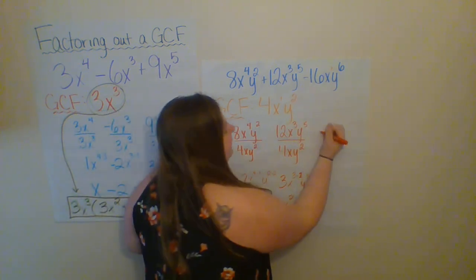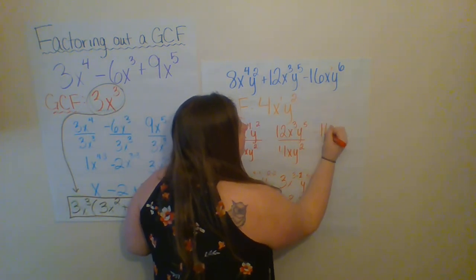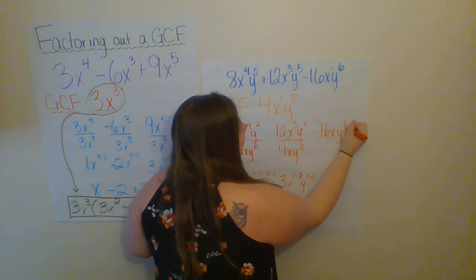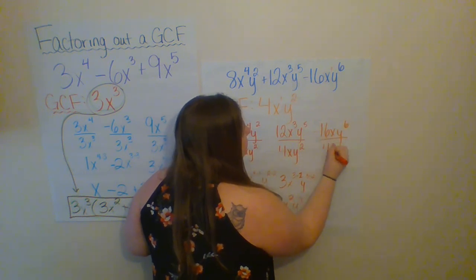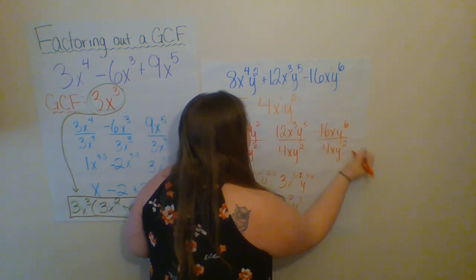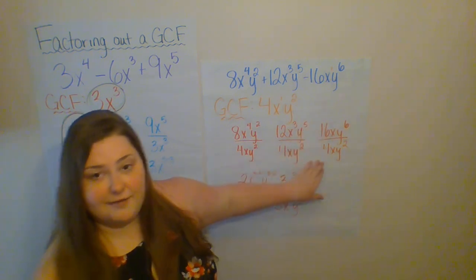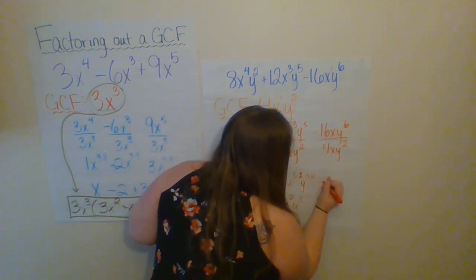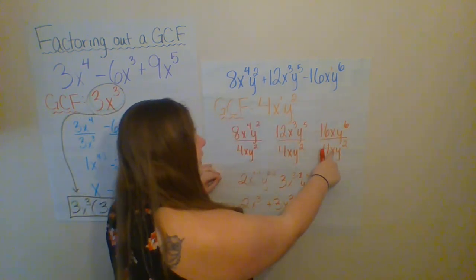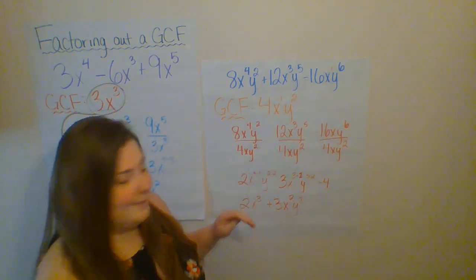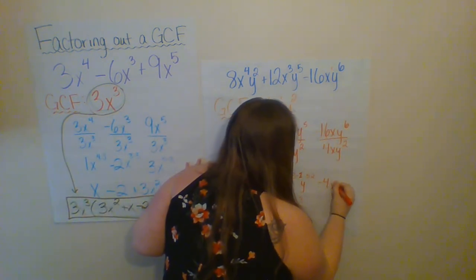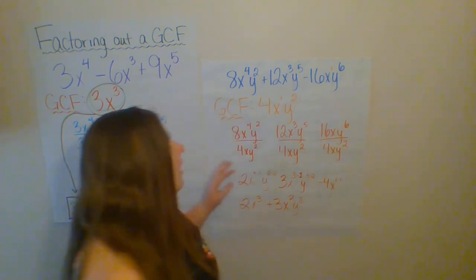And then our last term, we have negative 16xy to the 6th divided by 4xy squared. Negative 16 divided by 4 is negative 4. X over x is x to the 1st over x to the 1st, so x to the 1 minus 1.